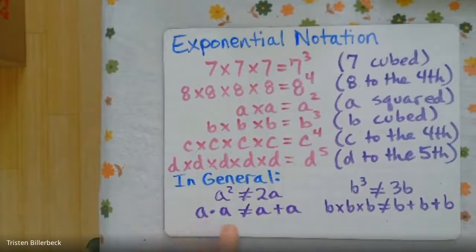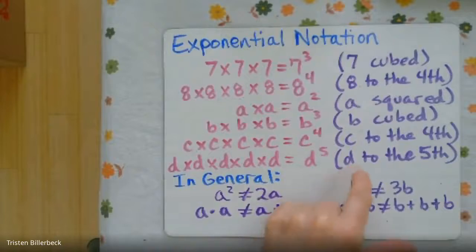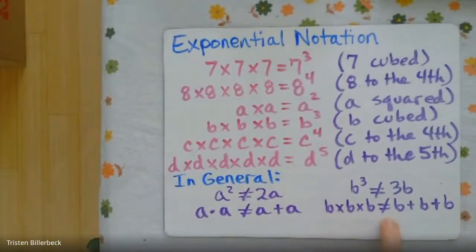So if we had a times a, that typically does not equal the same thing as a plus a. There are some rare circumstances where this would be true, but in general, this is not true. Okay, b cubed does not equal 3b. So b cubed is b times b times b, and it does not equal b plus b plus b.